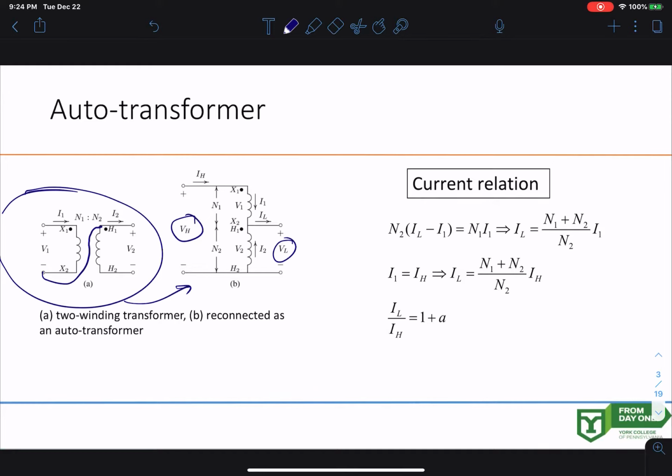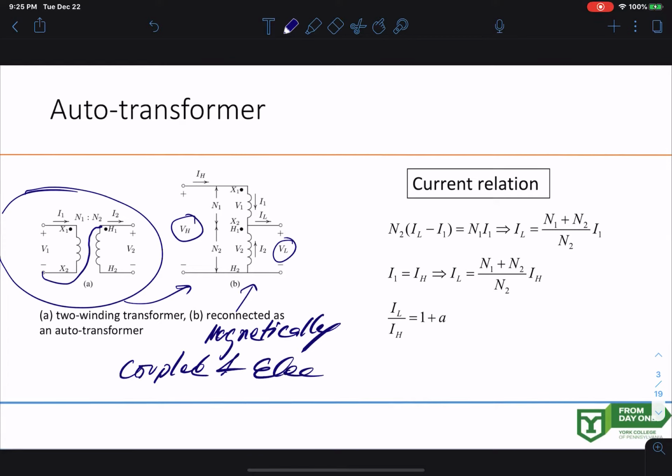For this diagram here, the high side is using coil 1 and coil 2, and the low side is using the secondary of the magnetically coupled coil. So this one is magnetically coupled and also electrically connected. That's this transformer over here, magnetically coupled and electrically connected.